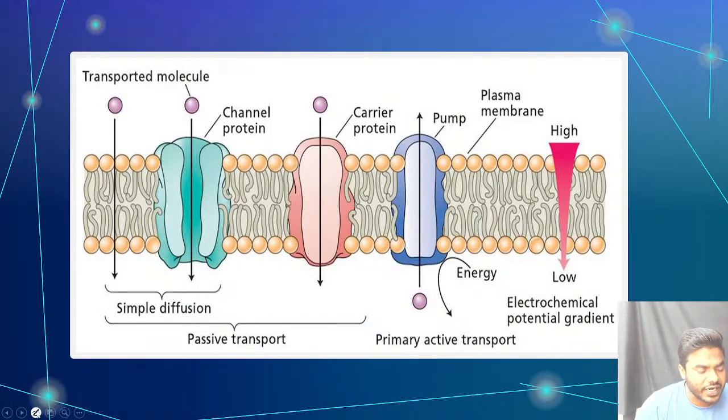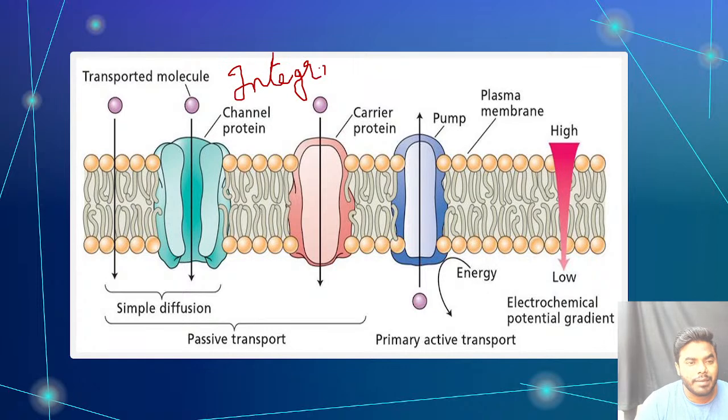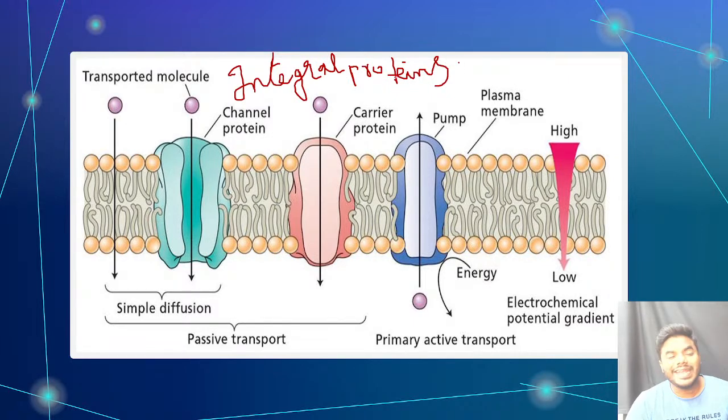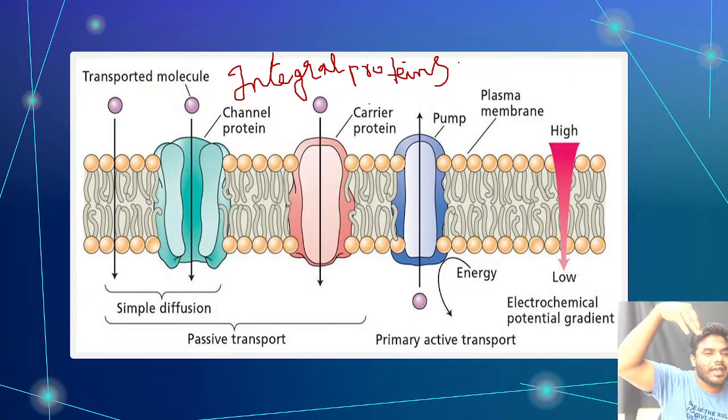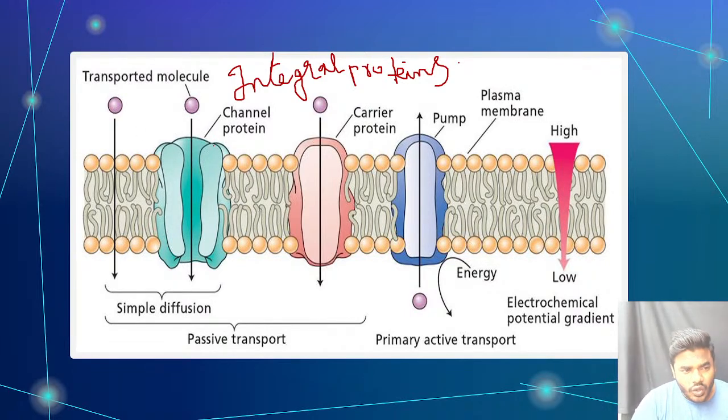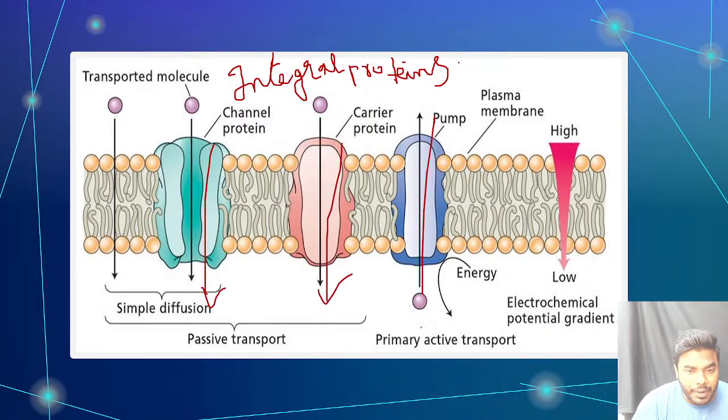So all the students, please kindly look into the diagram very carefully, friends. These are all membrane transporters. And I want you to remember one more important point, friends: all the membrane transporters are integral proteins. Why have I used the word integral protein? Because they are embedded inside the plasma membrane. Look into this, channels are embedded, carriers are embedded, as well as pumps are embedded within the plasma membrane.